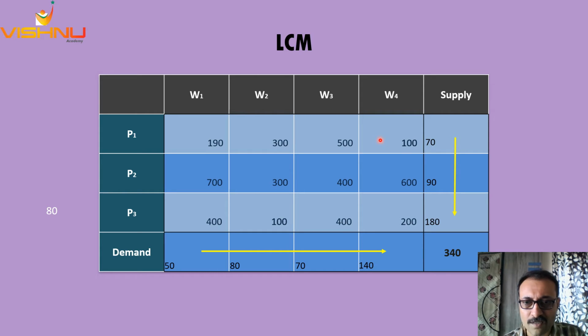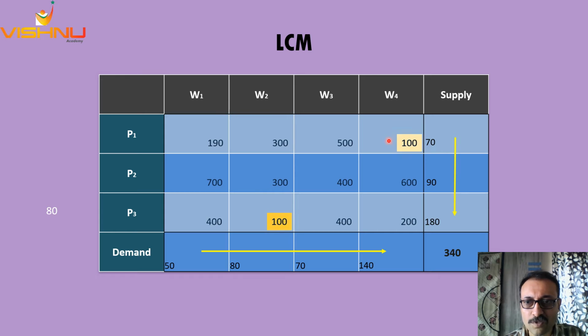But hang on. Now let us look at what this cell is saying: P3W2. Again, going by the same logic, the maximum number of units available in the column is 80, whereas the number of available units is 180 according to the row, which means a maximum of 80 units can be transported to this cell, which is definitely more than the previously seen cell.